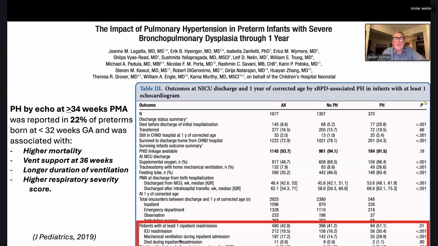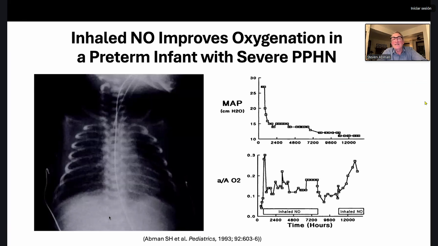And also, as suggested from what we did with a simpler cohort, they found that these babies required more readmissions to the hospital, sometimes being placed back on a ventilator after readmission. And so again, this idea that early echo findings were associated with pH and poor outcomes in premature babies.